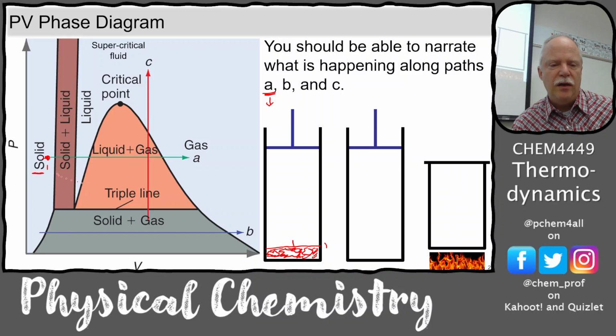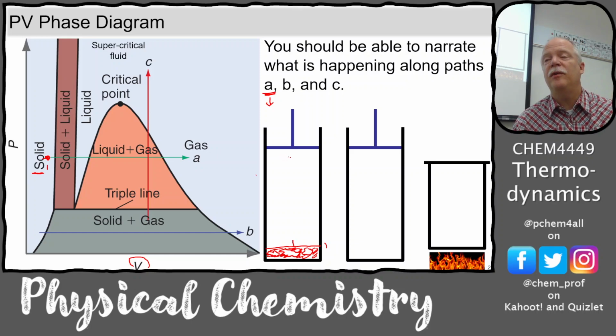Okay, so we're going to increase the volume. How will we increase the volume? Well, we can change the volume with that piston, but in order to keep it at equilibrium, we're also going to warm it up. So when we're going to the right, we're warming it up and increasing the volume, but we're staying at the same pressure. Makes sense?